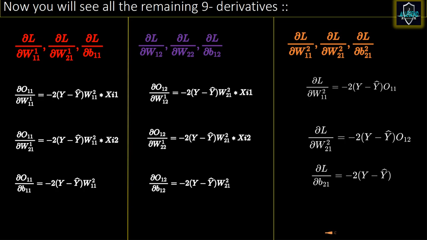Then the third term, del L over del B12, is equal to minus 2 times of y minus y hat multiplied by W2. So finally we find all the 9 trainable parameters' derivatives here. I solved this because I want my folks to understand the pattern. These are all our 9 derivatives.